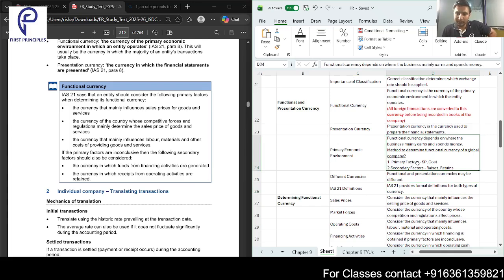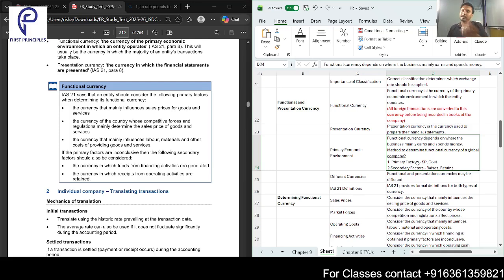If you want to determine your functional currency and you don't know what it is because you're a global company, like Uber is everywhere now, which is its functional currency? So you look into which currency affects the selling price of Uber the most and the cost of Uber the most. Sadly, if you cannot find a single currency that does both, then you can't determine it via the primary factor. Then you look into the secondary factors: currently, which currency is it in which it raises most of the money and retains most of the money?